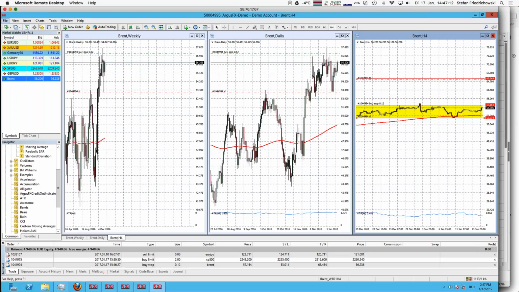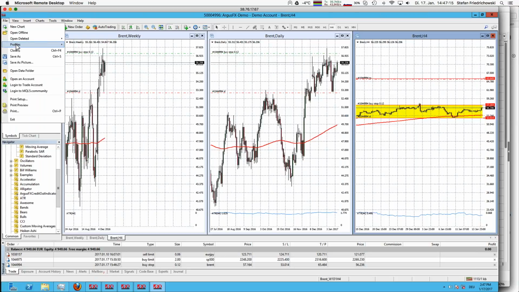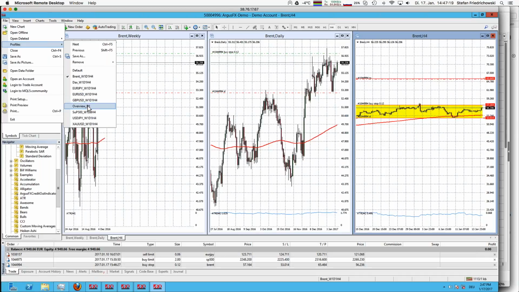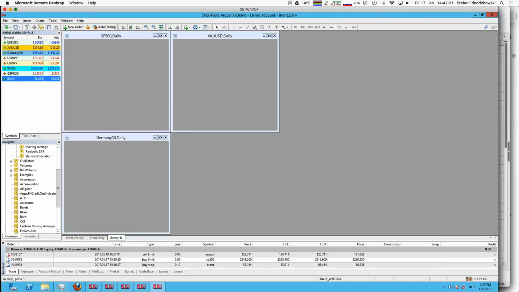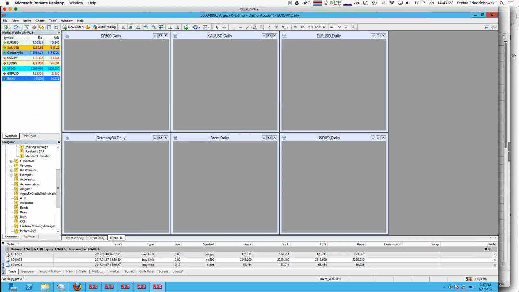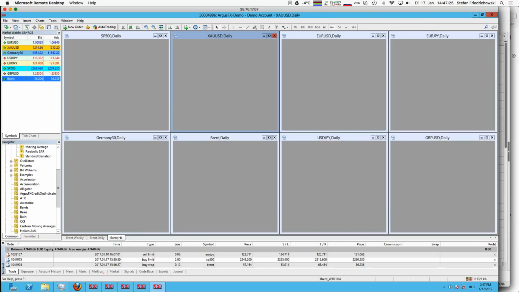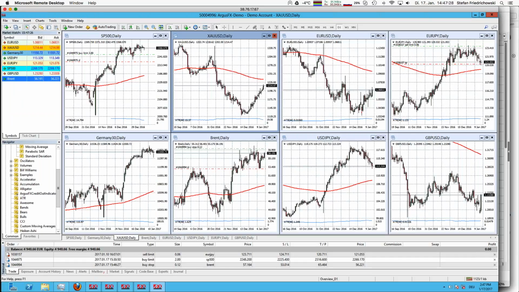So we go back to our overview profile, and you see how useful it is to have those profiles, because you get all the charts always identical as you have them every time. So it makes trading much easier.